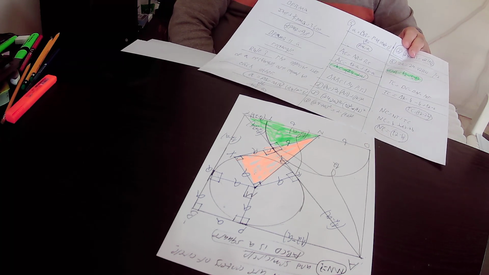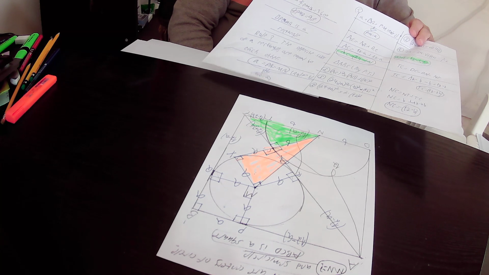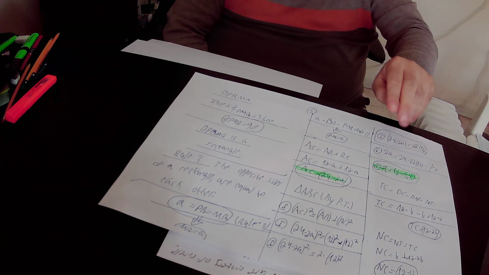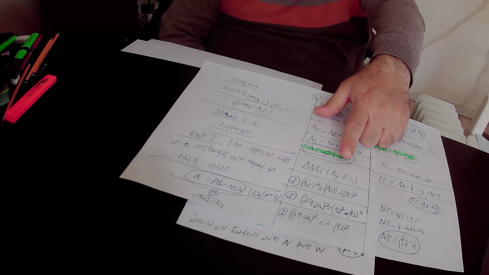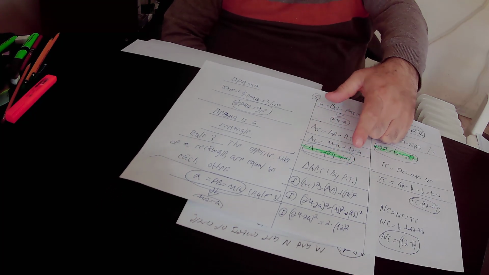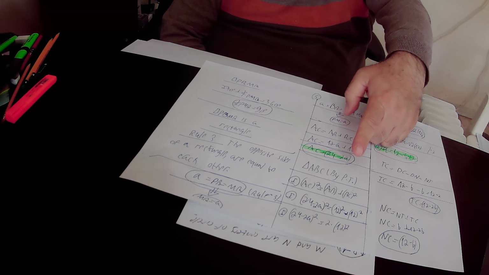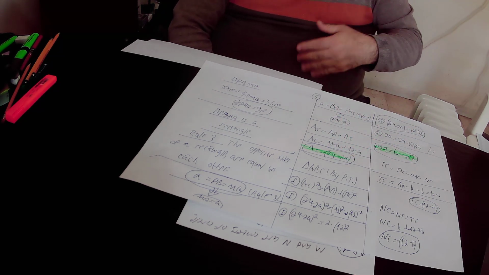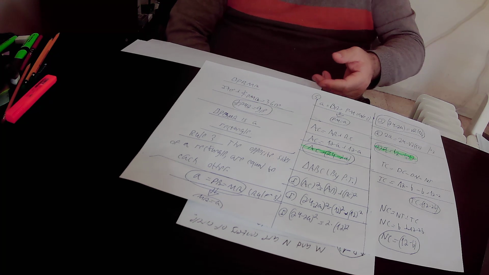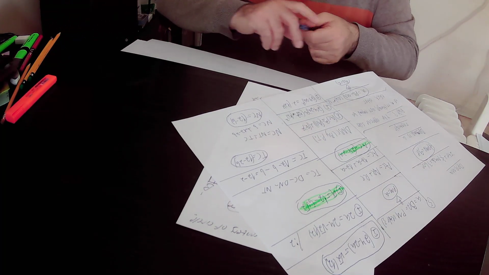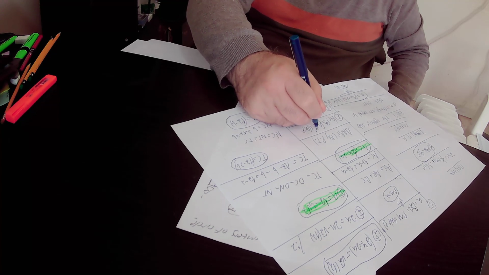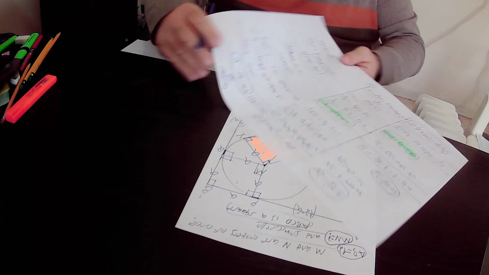Then we implemented the Pythagoras theorem on the right triangle ABC. According to the Pythagoras theorem, the square of the hypotenuse equals the sum of the squares of the perpendicular sides, that is to say, AC squared equals AB squared plus BC squared. AC is 24 minus 2A, so we substitute: (24 minus 2A) squared equals AB squared, AB is 12, so 12 squared, plus BC squared.